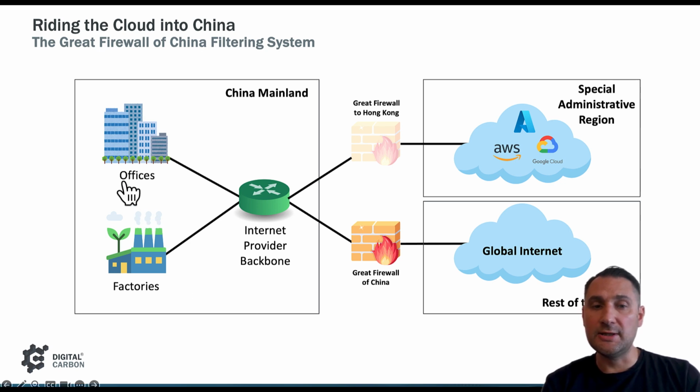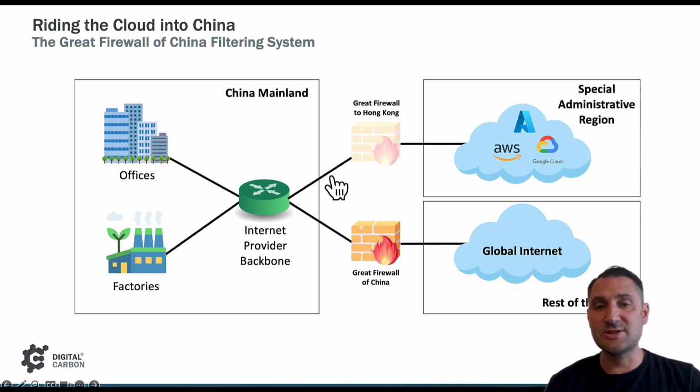All of our traffic now, which travels from our offices, from our factories to Hong Kong, then also gets filtered, but it does not have the full force of the firewall for international traffic. So we see that latency is a lot lower, a lot shorter. Also, we don't get so much packet loss or any packet loss at all. And it's quite reliable, actually, the connectivity.